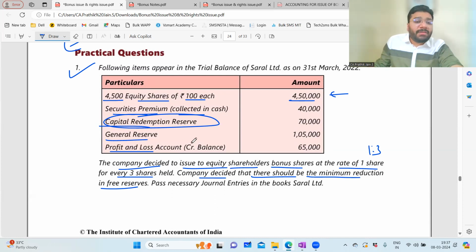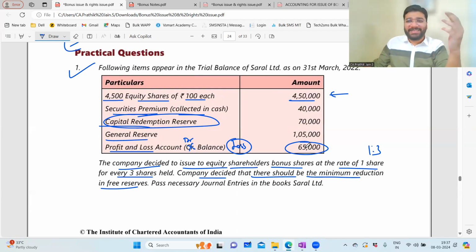Now imagine this was not CR but DR. So what does DR balance mean? Debit balance means it is a loss. So had they given DR here, can I use the 65,000 for the purpose of bonus issue? The answer is absolutely no. In the exam, sometimes they'll give you the same ditto question. The moment you see it, you'll be extremely happy: oh my God, this is the same question we did 10 times.